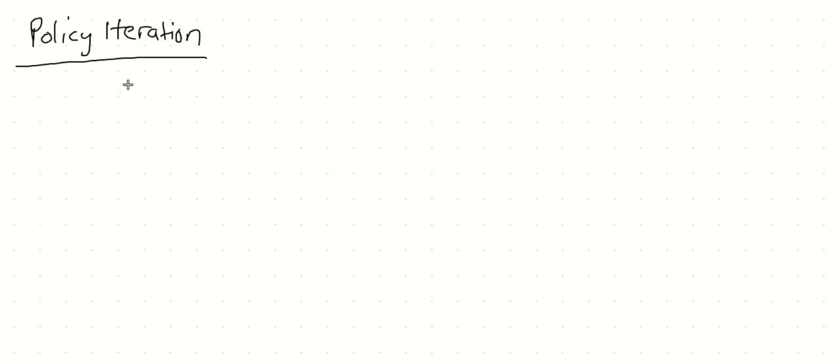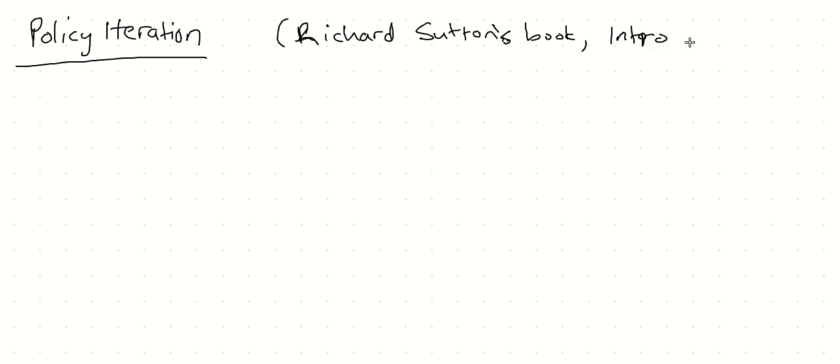In this lecture, we're just going to finish up on the policy iteration algorithm, our first reinforcement learning algorithm that we've learned. And just as a reminder, the in-depth material of what I'm covering here, you can find in Richard Sutton's book, An Introduction to Reinforcement Learning, right?